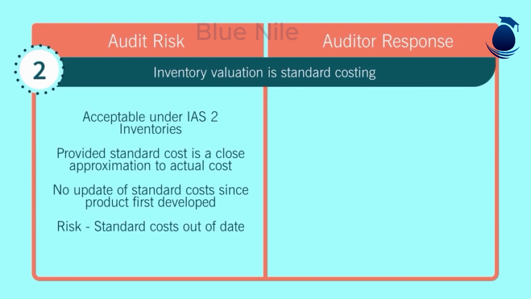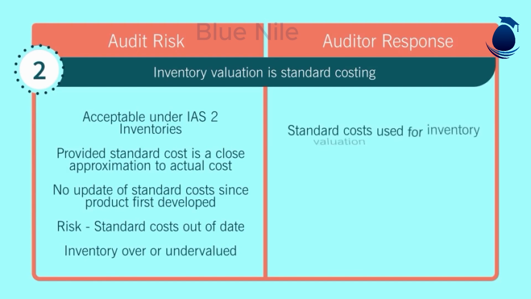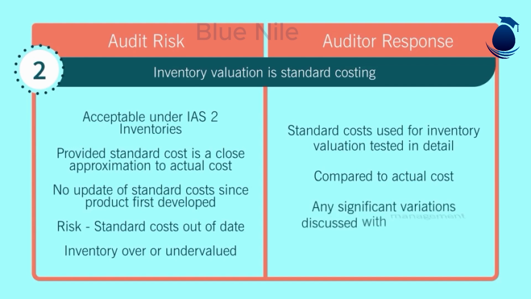Because of this, there is a risk that these standard costs could be out of date, resulting in over or undervalued inventory. The auditor's response is that the standard costs used for inventory valuation should be tested in detail and compared to actual cost. Any significant variations should then be discussed with management, ensuring that the valuation is appropriate.